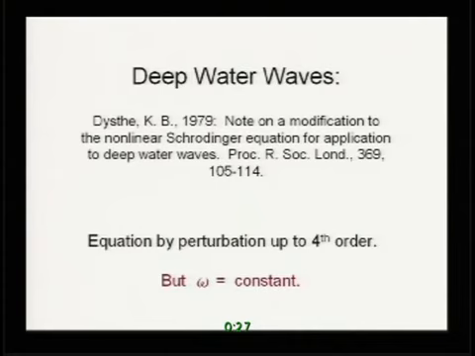So once they knew the nonlinear Schrödinger equation in the 70s, in 1979, Christian Dysthe, a professor from Norway, right now at Bergen, at the beginning at Trondheim, was visiting the United States, and he derived the nonlinear Schrödinger equation to the 4th order.